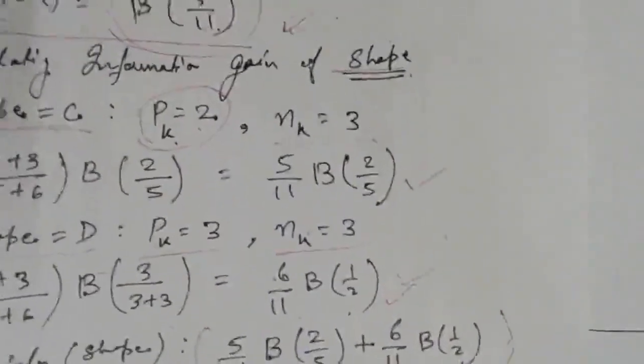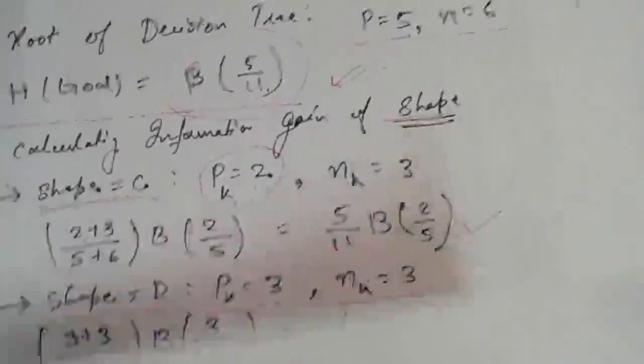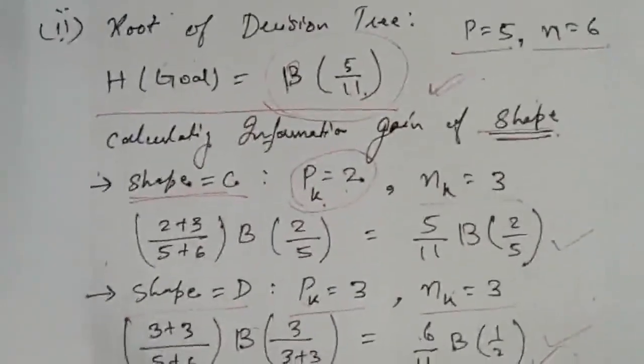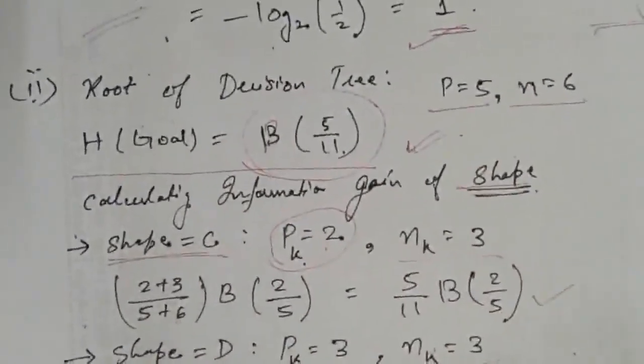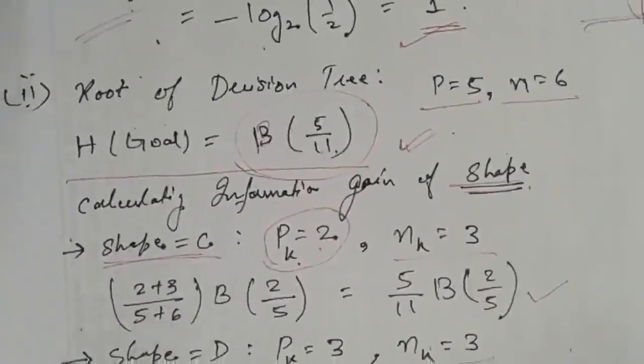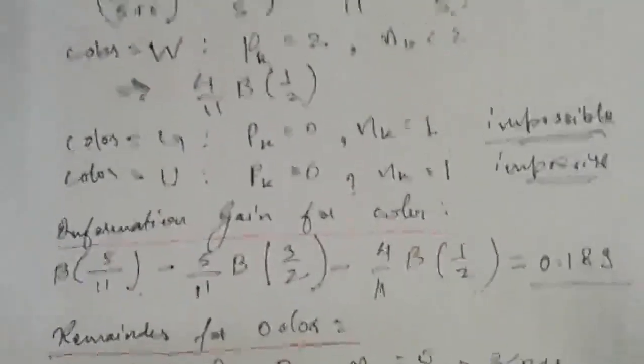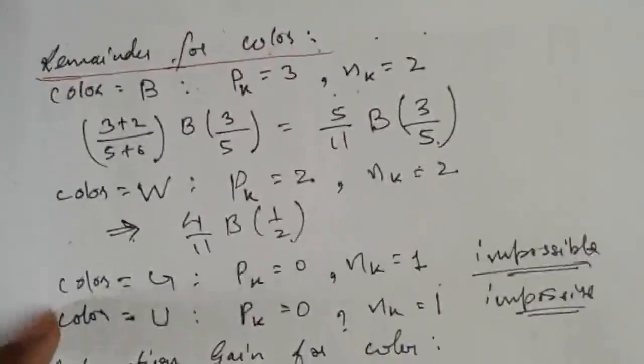Similarly, in the decision tree, we can calculate for the color, right.